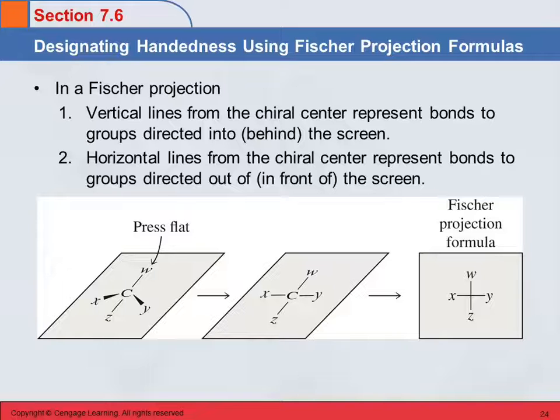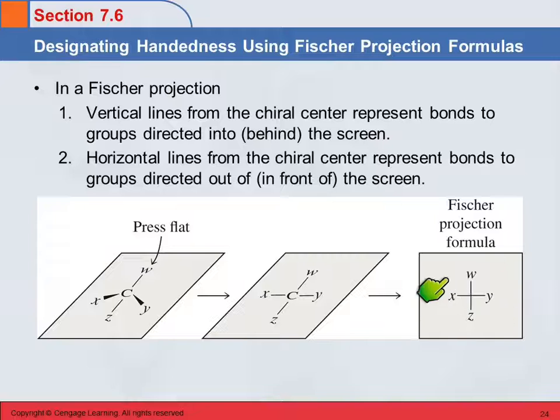So the Fischer projection is like you take your three-dimensional model, you run over it with a steamroller, so you press it down flat. The W and the Z that were going behind the page or the screen are the vertical ones, and the X and the Y that were sticking out in front are the horizontal.